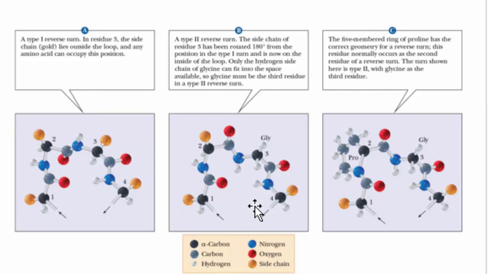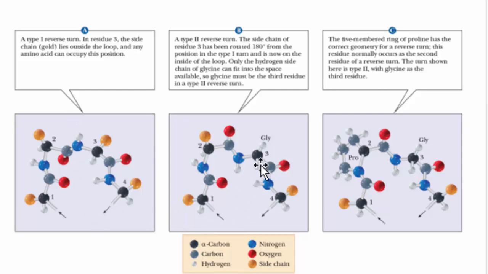However, in type 2 reverse turn, what happens here? The loop will turn by 180 degrees. So now the R group is inside. Now size matters here, and the only amino acid that can fit into position 3 is glycine. So this is called type 2.